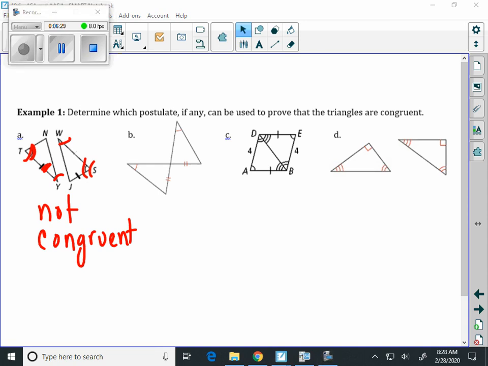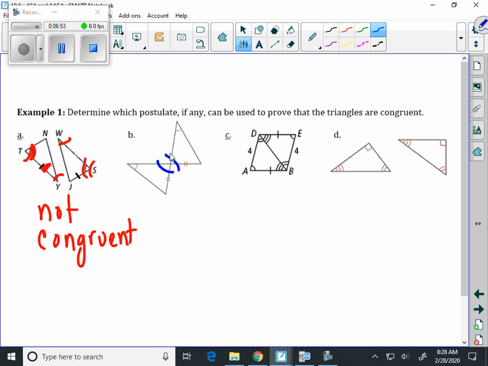If we look at letter B, a bow tie example, something that we know about bow tie triangles is that vertical angles are congruent. Going to try to mark that up one more time. Vertical angles are congruent in there.